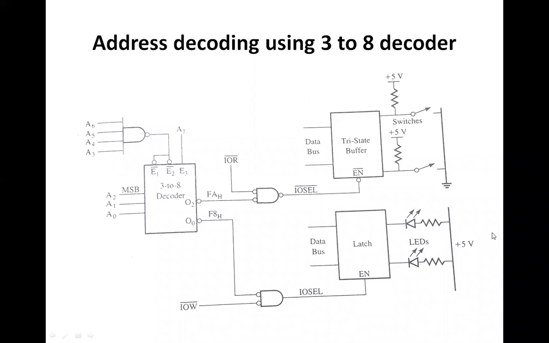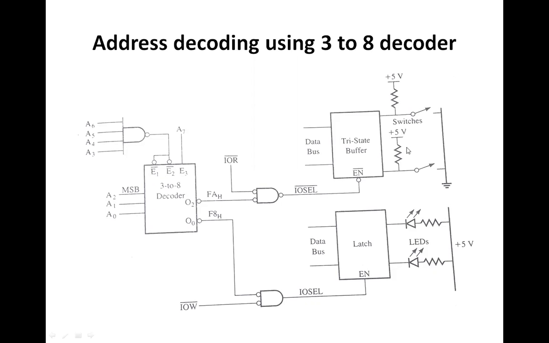at the LED port. Similarly, O2 is connected with another negative AND gate along with the signal input output read, and this is going to generate the input output select for the input port with which the tri-state buffer is connected. So once the address is decoded and signals are generated, it is combined with the NAND gate, and it is going to generate the input output select pulse, which is going to enable the tri-state buffer.